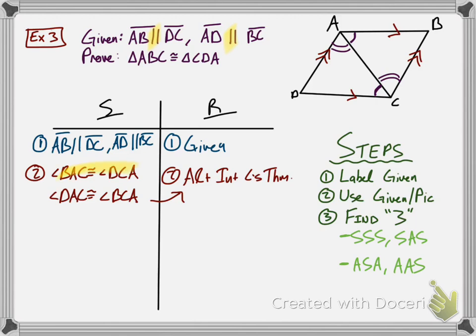So what we have are two pairs of angles. And then from our picture, we have our stacked triangles. And when we have stacked triangles, we know we can say that the side between them is reflexive. So for our third step, we're going to say that AC is congruent to itself because that is reflexive.